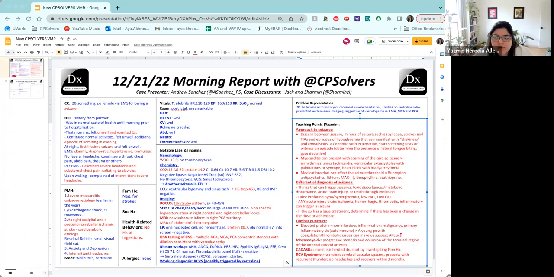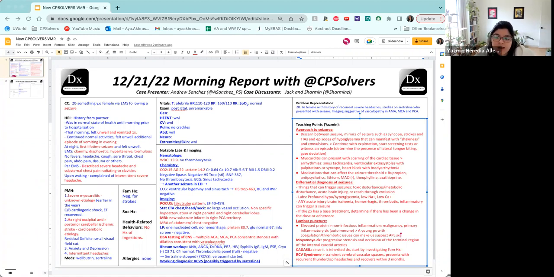In the labs, we can look for profound hypo or hyperglycemia, low sodium, low calcium, or any acute brain injury, such as ischemic, hemorrhagic, thrombotic, or inflammatory, which can trigger a seizure in patients. And also, if the patient has been treated with any type of drugs, we also have to determine if there was a change in doses, if there's adherence, or if they added something to the treatment.